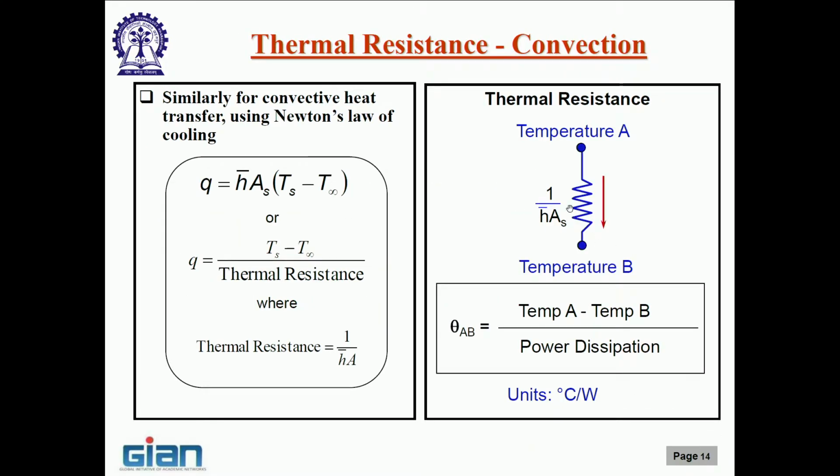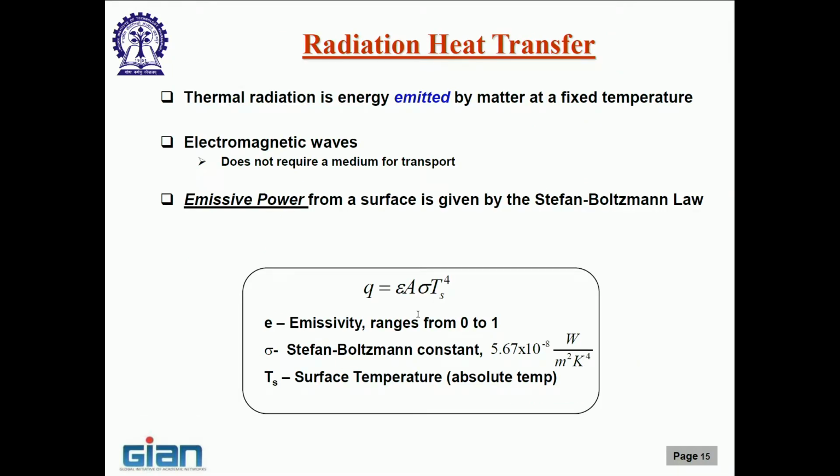So, for convection again similar, the temperature difference divided by 1 over H A. If you just write it in that manner, thermal resistance comes out to be 1 over H A. Clear? The radiation heat transfer is a little difficult.